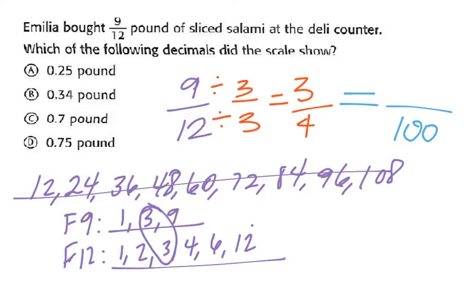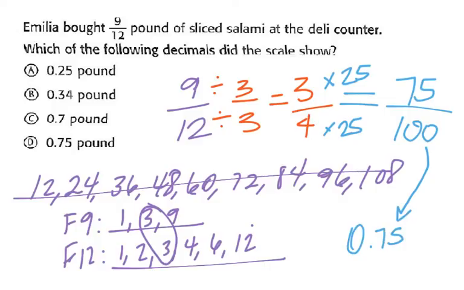Okay, 4 times what equals 100? 4 times 25. So I'd multiply 3 times 25, which would be 75 hundredths. And how would we write 75 hundredths as a decimal? 0.75.